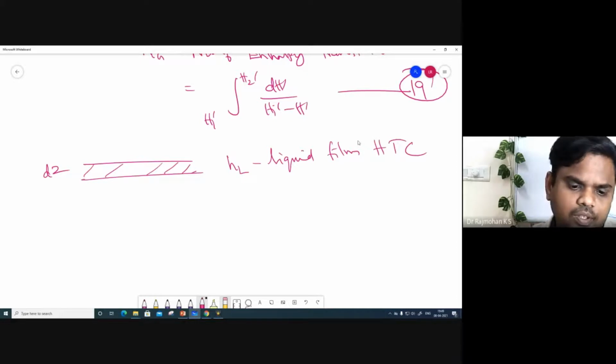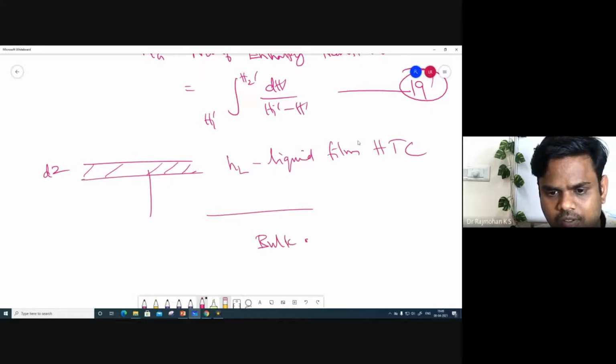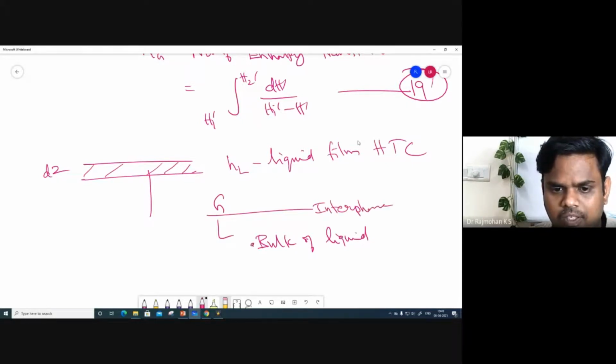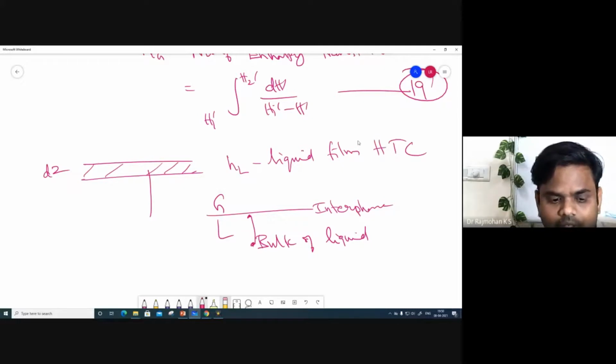Then consider the rate of heat transfer from the bulk liquid to the interface, between the gas and liquid. From the bulk of the liquid to the interface, there is some heat transfer.